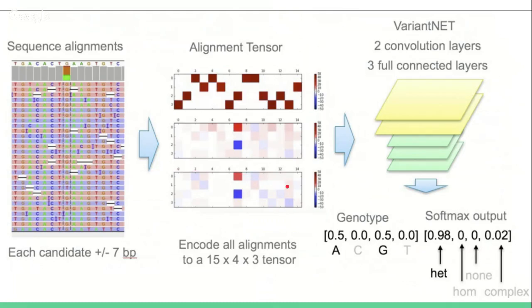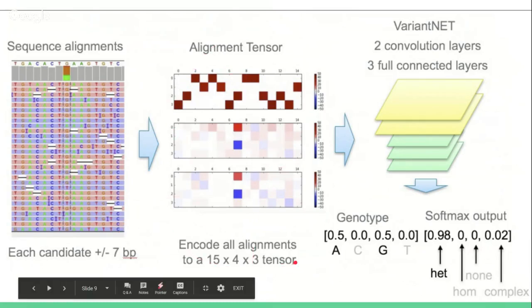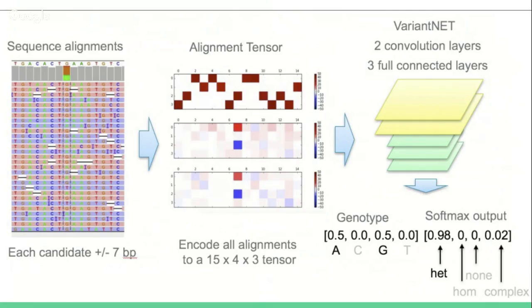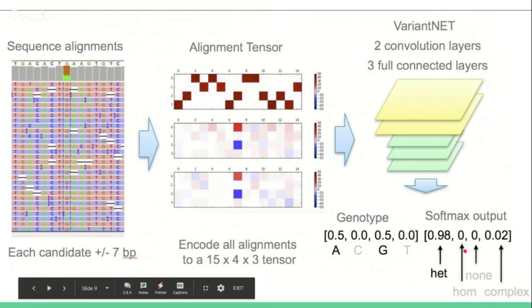And then it represents these using this alignment tensor. It encodes this alignment in a way that then can be given to an NN. And then there's an optimization function that basically tells you what's the probability of it not being a variant or being a het, in this case 0.98, or being a complex variant, etc.